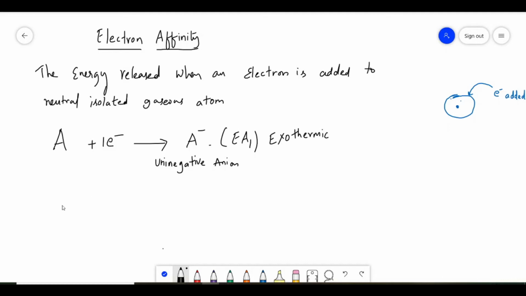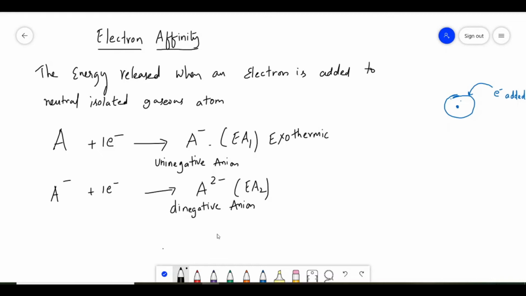Now, if you add one more electron to this anion, we get A2 minus, a dinegative anion, and this is called electron affinity 2.